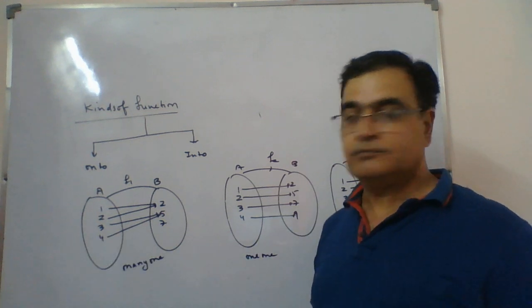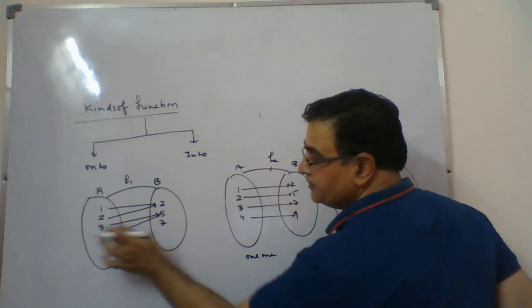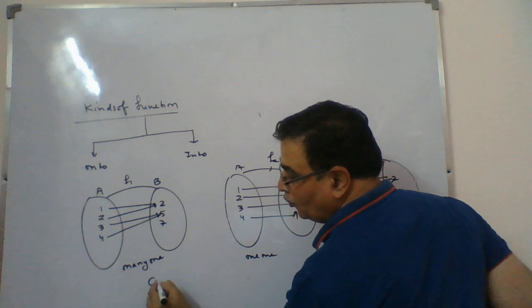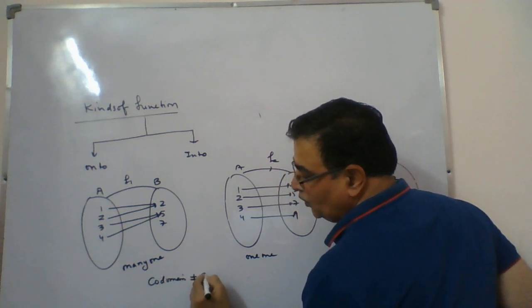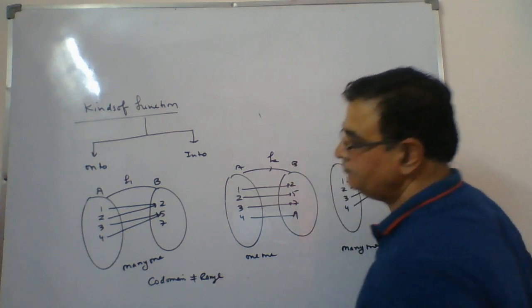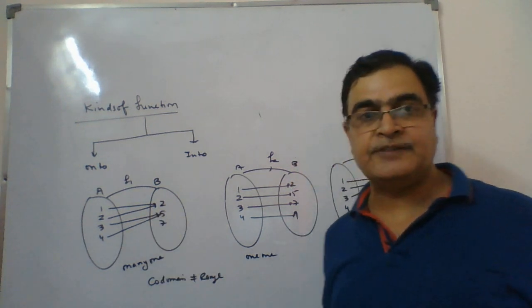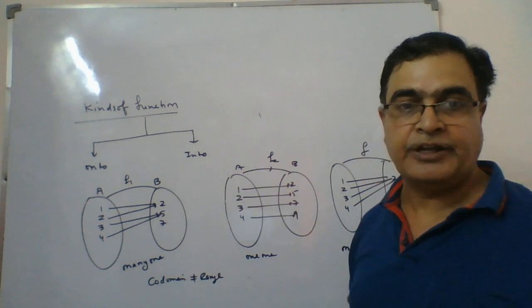So in these three cases, if one element is without pre-image here, we will say codomain is not equal to range. If I say codomain, 2, 5, 7 is the codomain, but the range is 2 and 5.